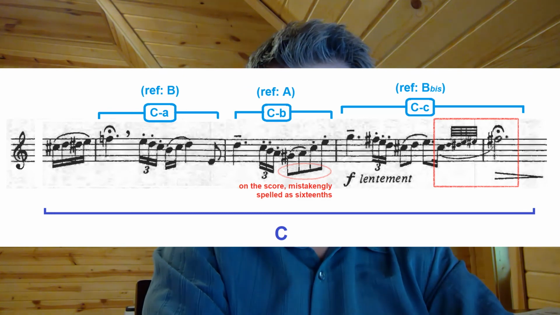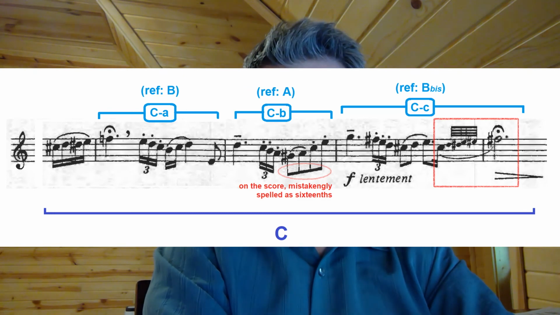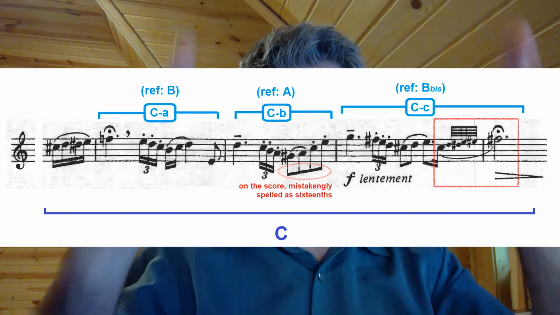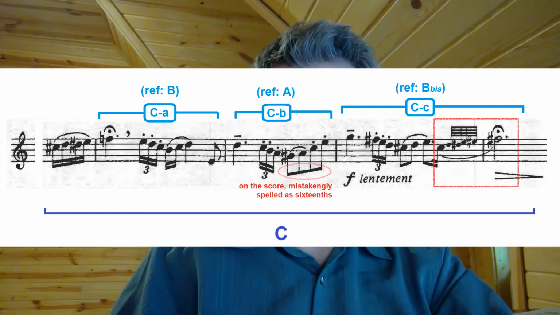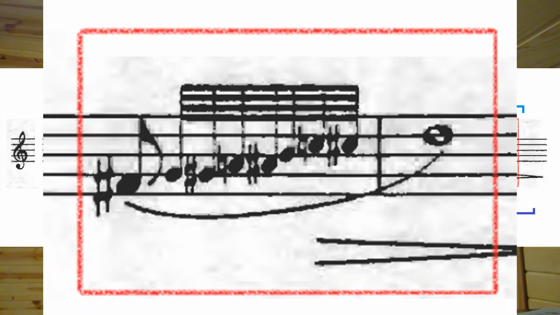Something that I forgot to mention in section B, right there, those red squares, is something that I hinted at in previous videos, which is that chromatic scales in quarter notes in these etudes are most logically rendered on the violin by means of glissandi.